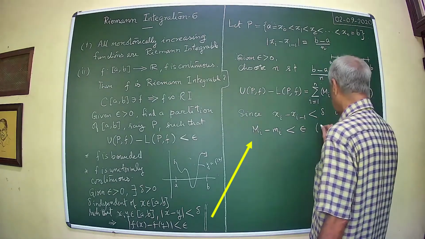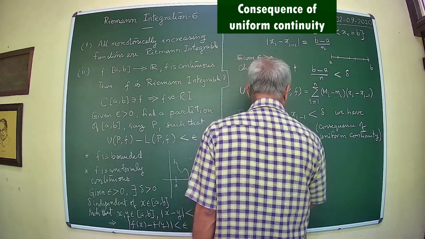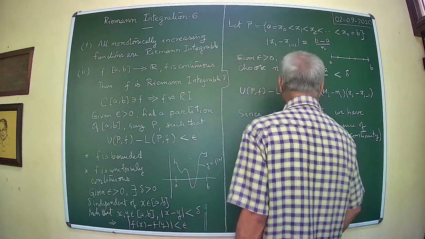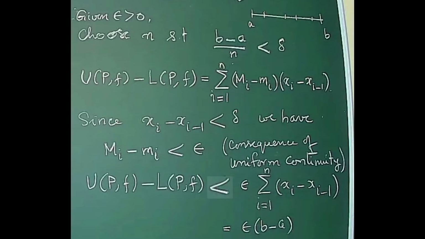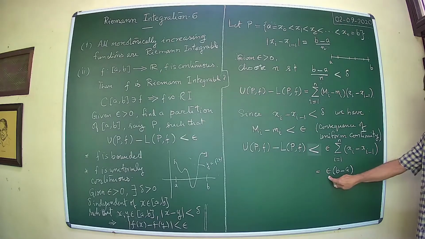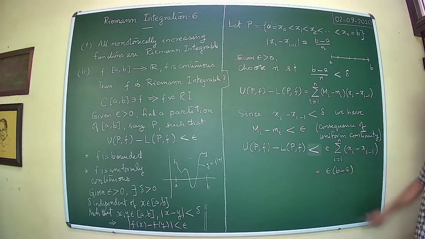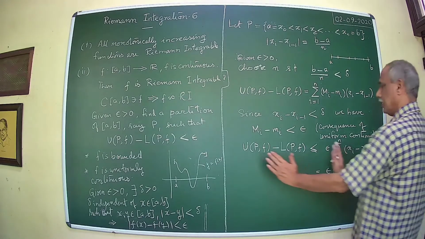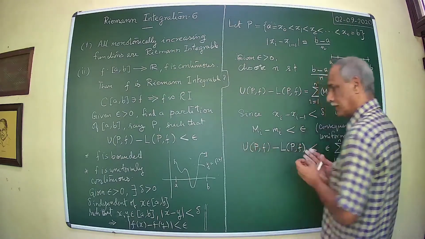This is a consequence of uniform continuity. So UPF minus LPF is less than epsilon into sigma of xi minus xi minus 1, which is equal to epsilon into b minus a. So it's a multiple of epsilon multiplied by the number b minus a. B minus a is fixed as far as the interval is concerned, and this shows that you can make this arbitrarily small by choosing a partition.